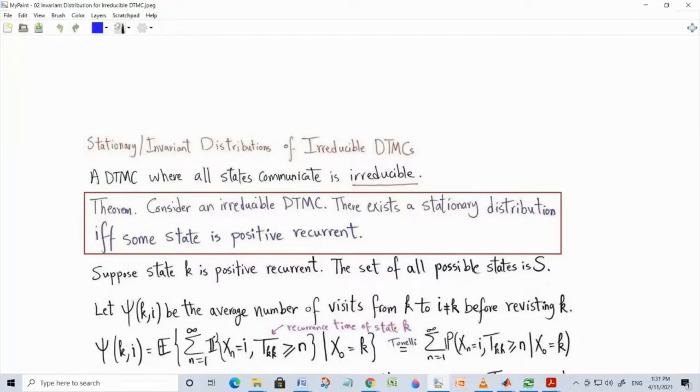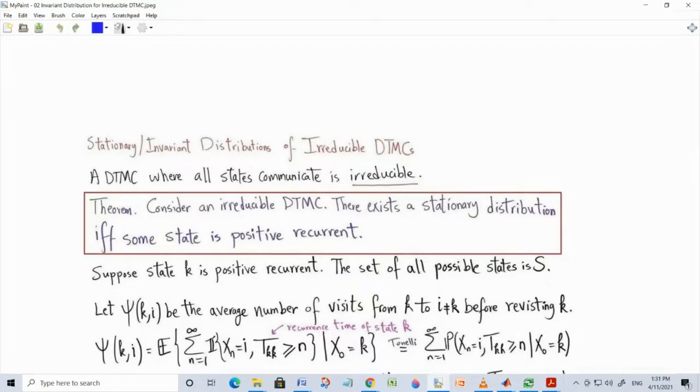Okay, so now let's take a step back and see what is going on here. We had a previous proof regarding the existence of a stationary distribution. Specifically, we used the Farkas lemma to show that if the discrete time Markov chain is finite, it has a finite state space, then it is guaranteed to have an invariant or stationary distribution.